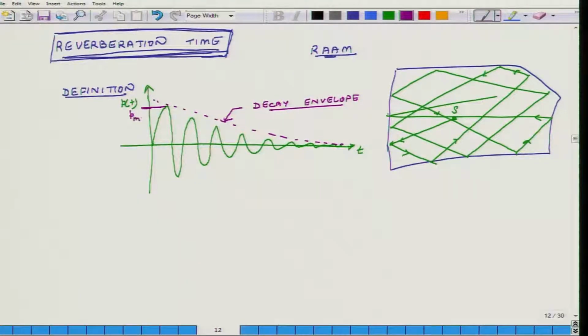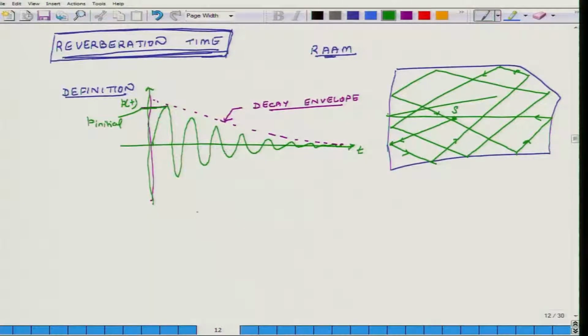Let us say in the beginning this is the total pressure, so the initial amplitude is P initial.